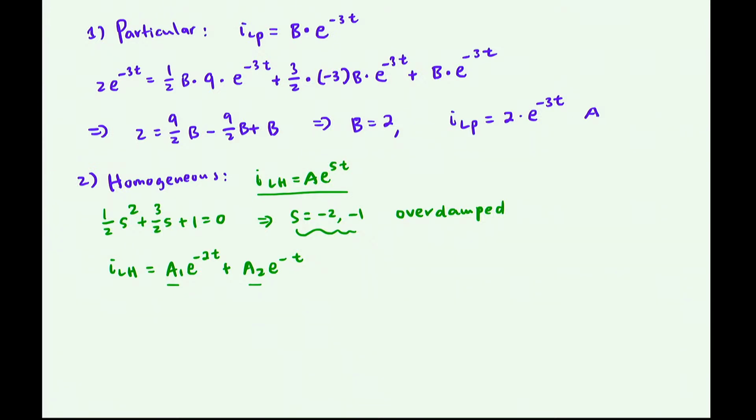Using two initial conditions. Oh, sorry, we need to write the total solution first: particular solution plus homogeneous solution.